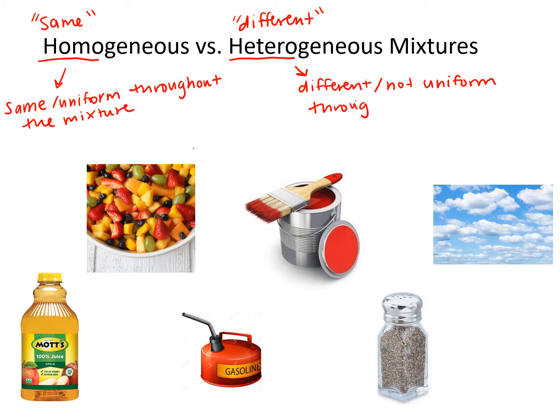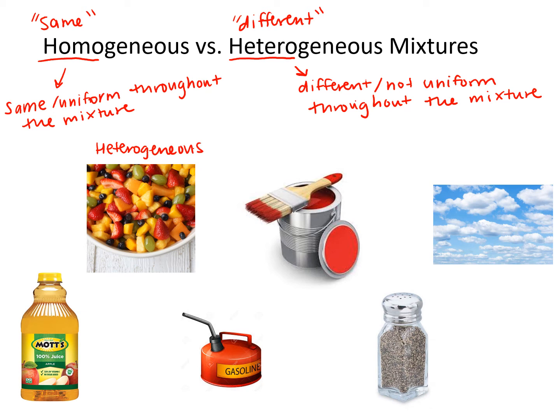So we have 6 examples below that we would be trying to identify as homogeneous or heterogeneous. When we look at the fruit salad, inside of the fruit salad we see all different types of fruit, so we would classify this as heterogeneous.